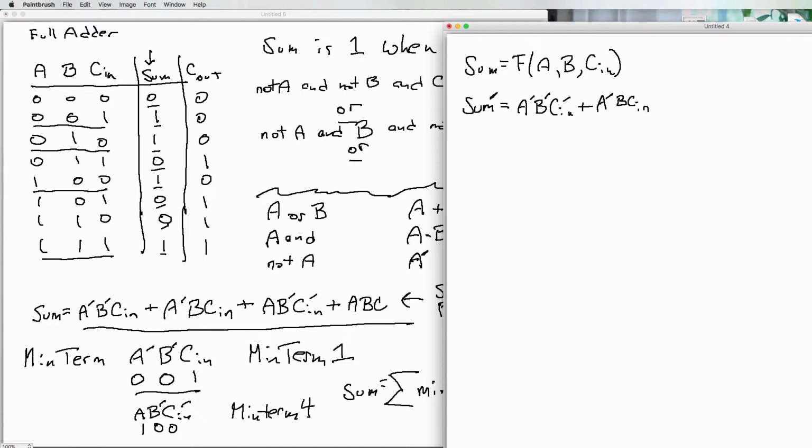Okay, that corresponded to this row right over here. Or, okay, over here it would be A, B prime, C in, or, and then this very last row here would be A, B, C in prime.